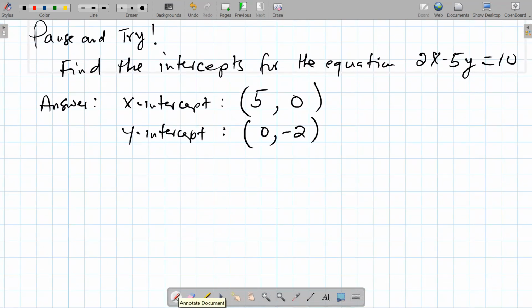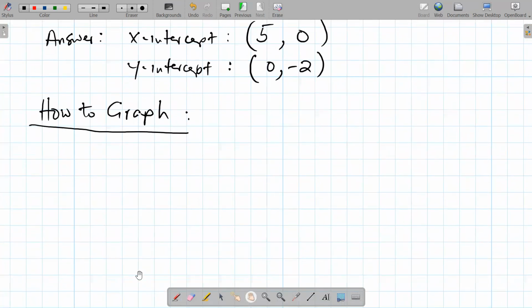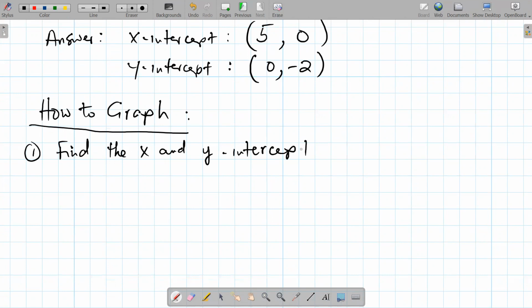Now let's look at how we can graph. How to graph. So first off, we need to find the x and y intercepts. Just as usual, just find the x and y intercepts.